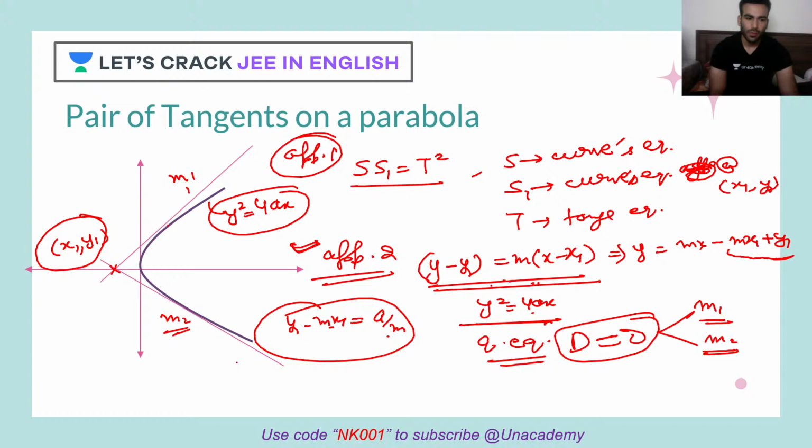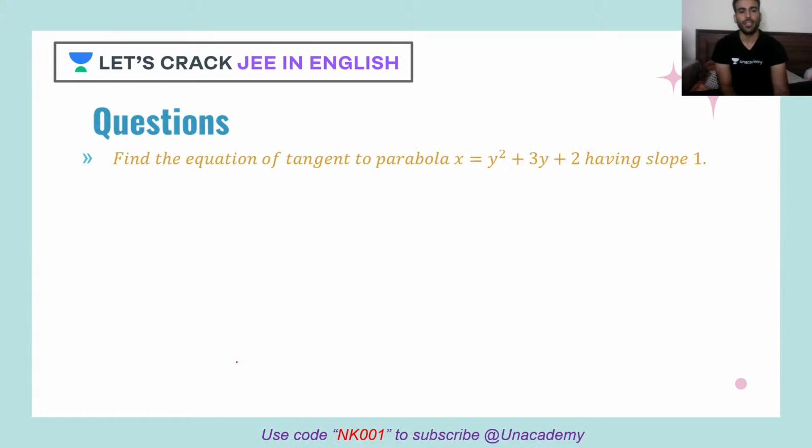Here, SYM 24. I hope you are there with me. Let's move ahead. Let's solve this question. Find the equation of tangent to parabola having slope 1. See, in this case, whatever we have studied is about the standard parabola curve.